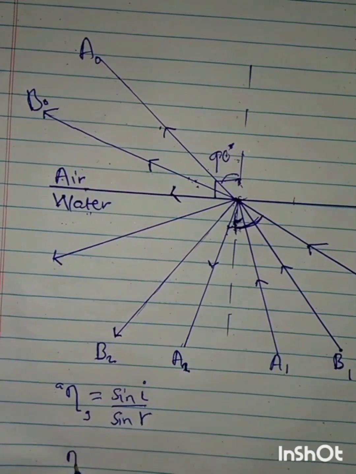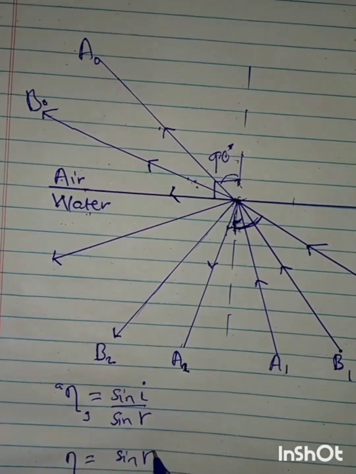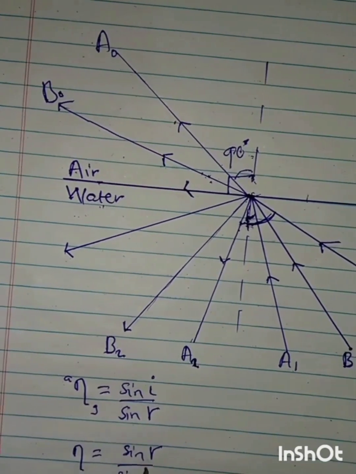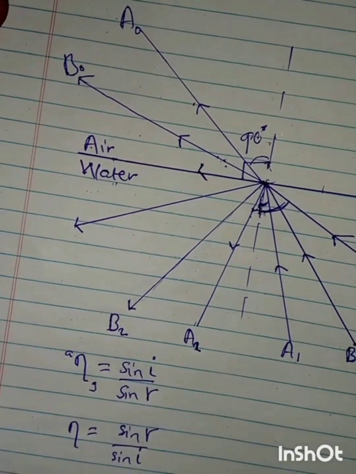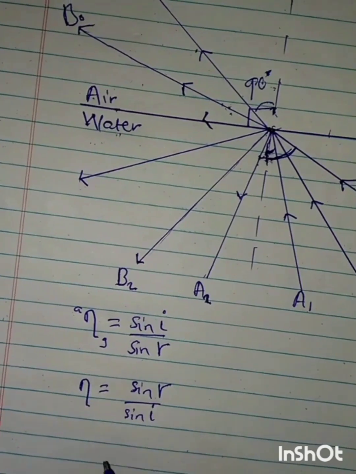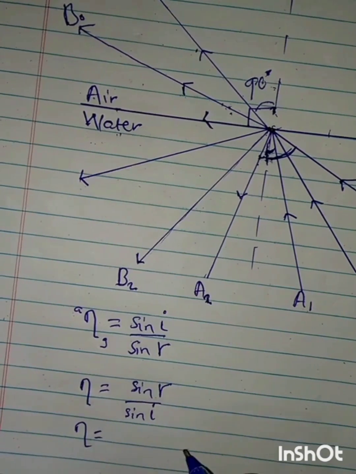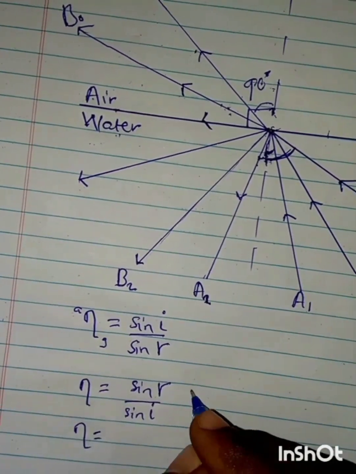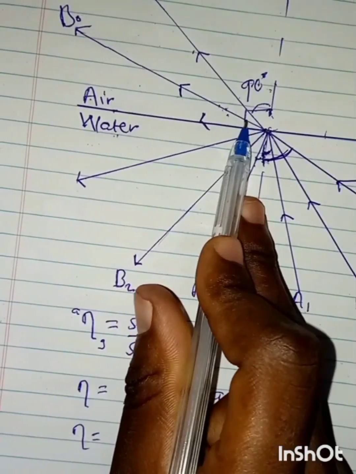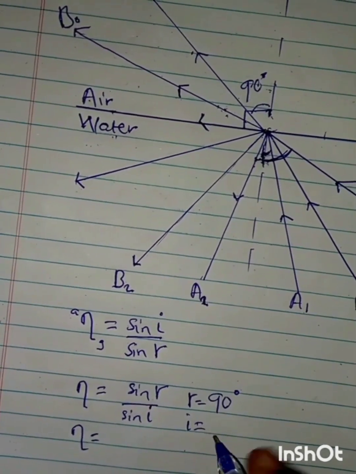Therefore, the refractive index of a material will be the sine of the angle of refraction over the sine of the angle of incidence. Now the refractive index equals, but you have to remember that the angle of refraction equals 90 degrees as seen here, and the incidence angle equals the critical angle.